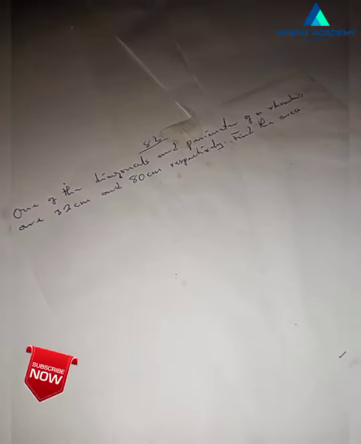The only difference is that the square has the edges meeting at 90 degrees, but for a rhombus, the edges don't meet at 90 degrees. So that's the major difference between a rhombus and a square.